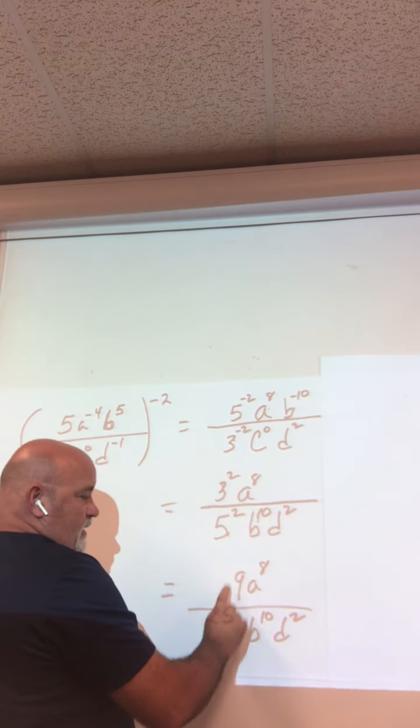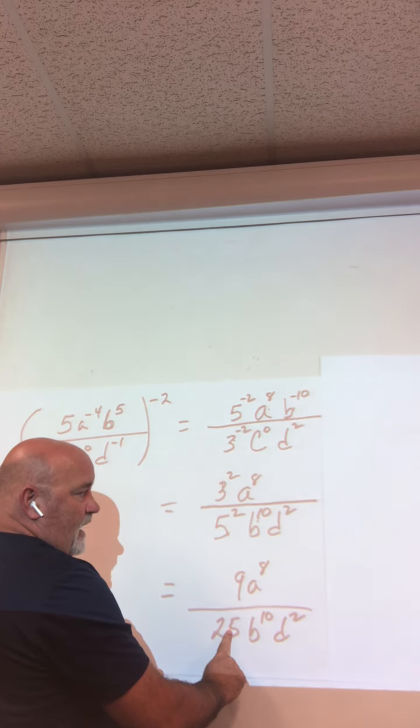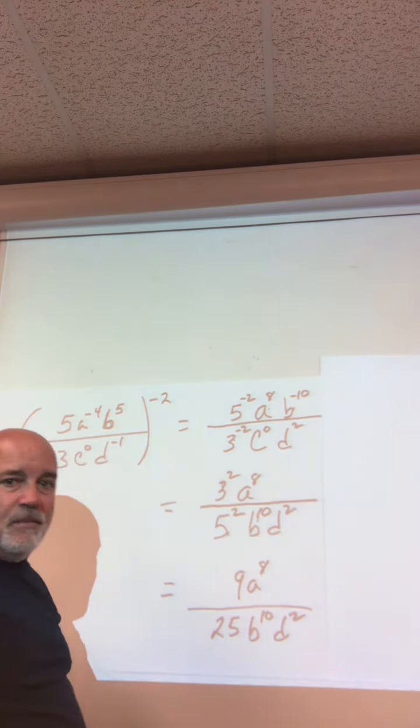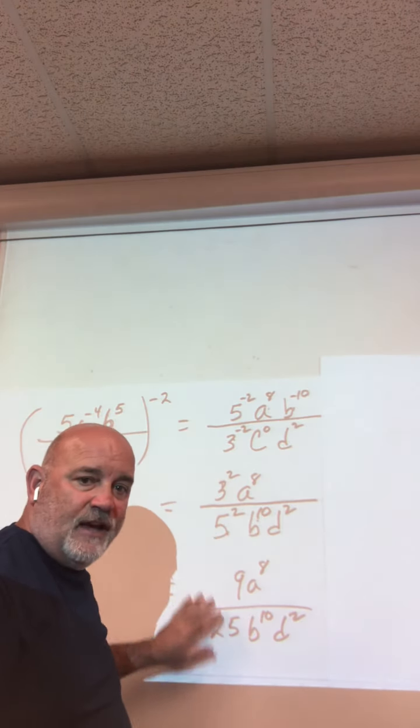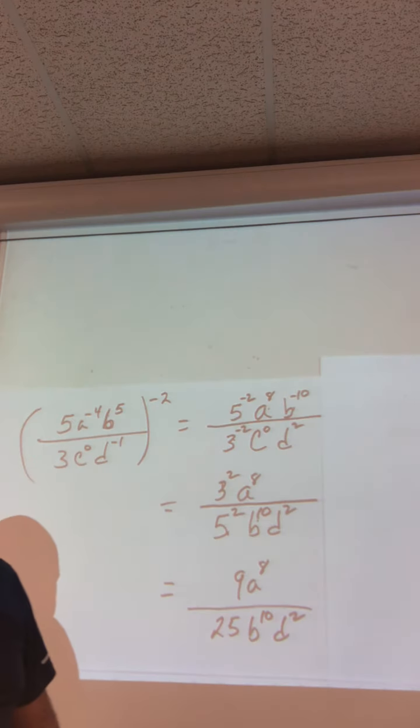And then 3 squared is 9, 5 squared is 25, 5 times 5. a to the 8th in the top, b to the 10th, d squared in the bottom. No negative exponents left, and no letter listed more than once.